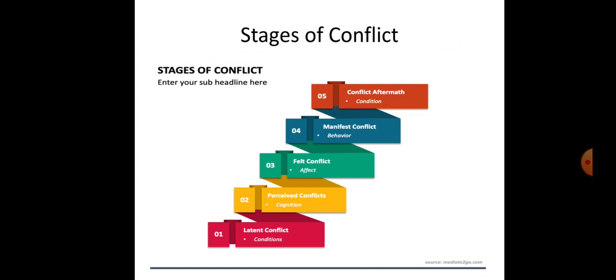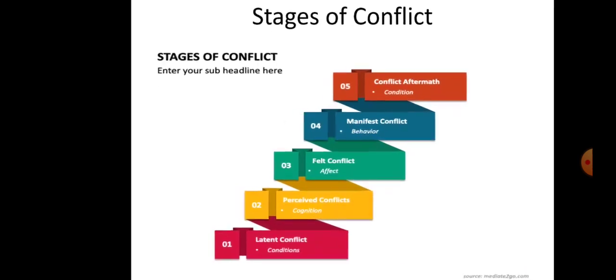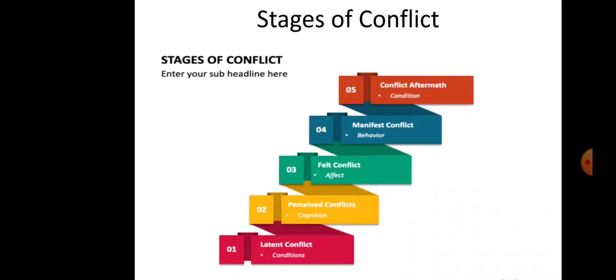Now we shall understand the stages of conflict. Here we have 5 different stages. The first one is latent conflict, then perceived conflict, then felt conflict, the fourth one is manifest conflict, and the fifth one is conflict aftermath.